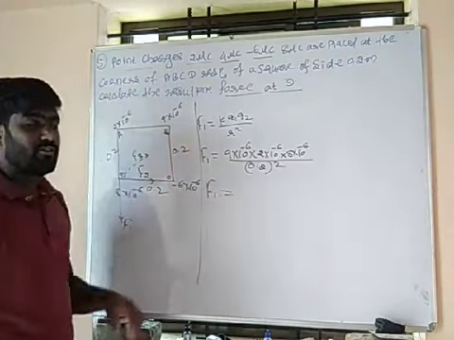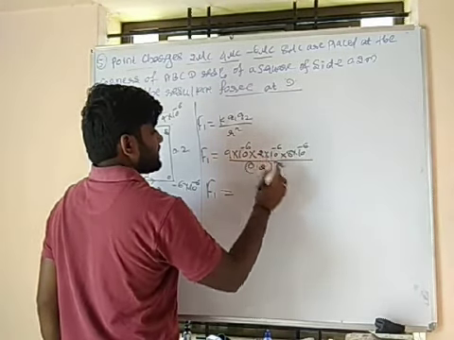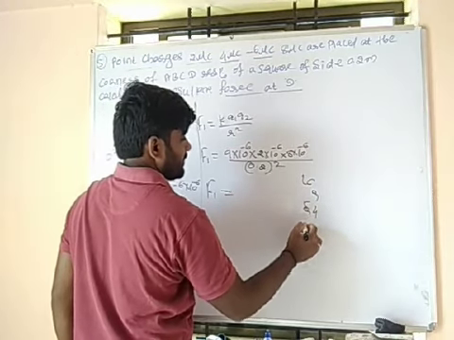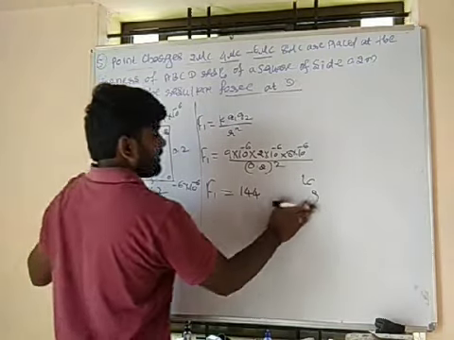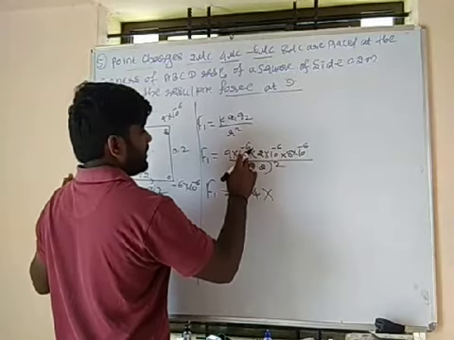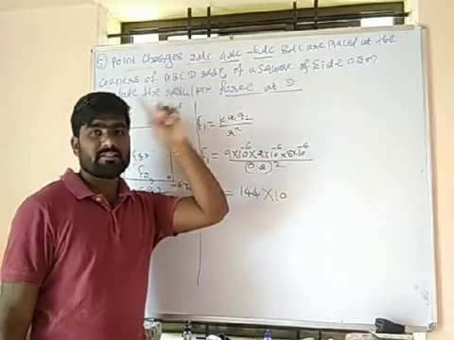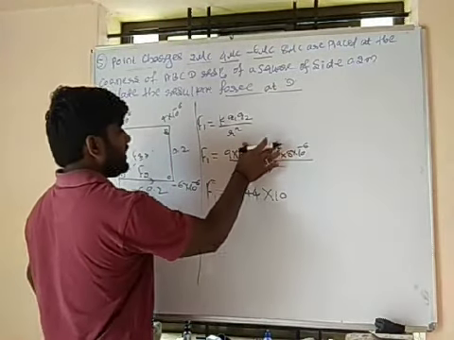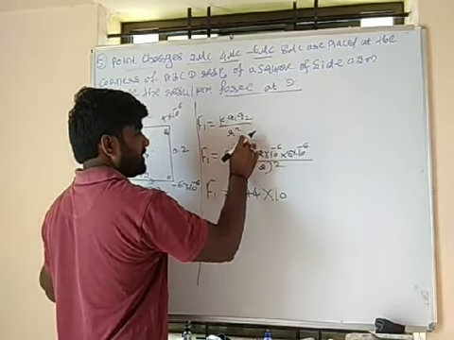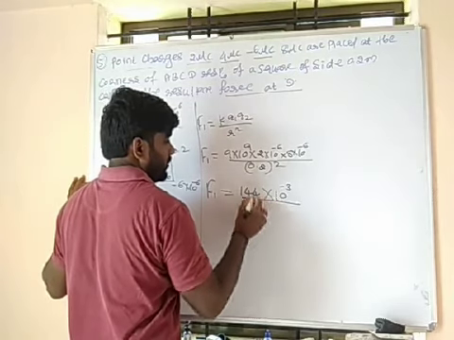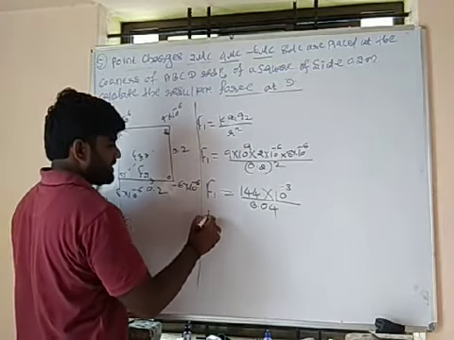Then this F1 is equal to 9 into 2 into 8, 16 into 9, it will be 144. Is it or not? 144 into 10 to the power... how much is it? Sorry, 9 into 10 to the power 9 it is. 6 plus 6 is 12. 12 minus 9, it will be 3, whole divided by 0.04.